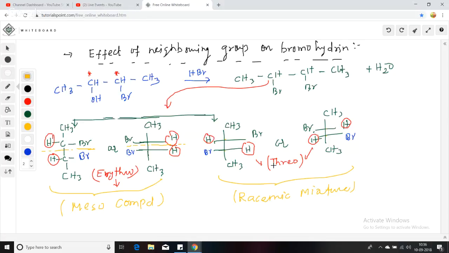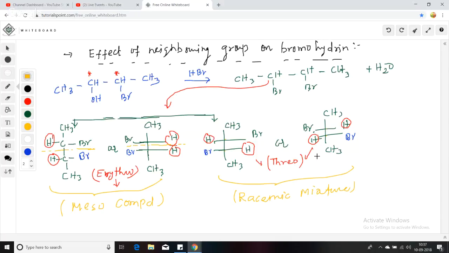So now to sum up all this discussion, whenever we have a reaction of HX, and if bromohydrin is present, then the reactant molecule can be in the form of erythro or threo isomer. If it is erythro, then the product will be a meso compound, which is optically inactive. And if it is threo isomer, then the product will be a racemic mixture.